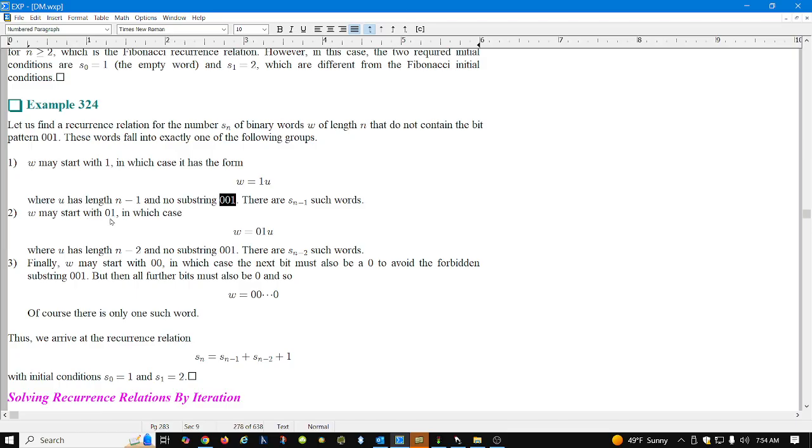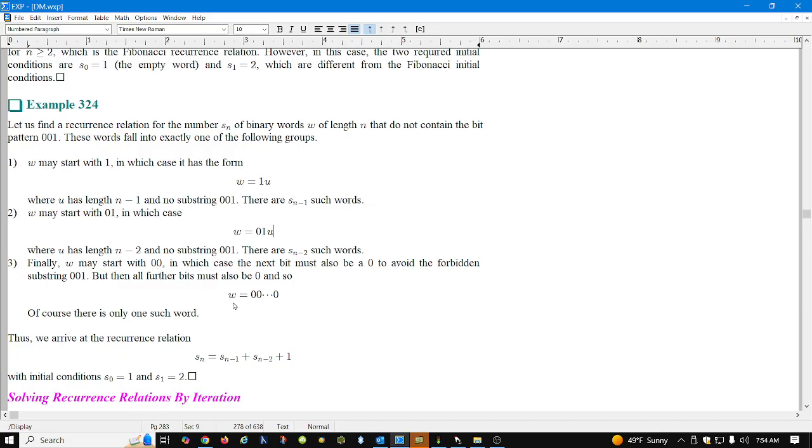W may start with 0, 1, in which case it looks like this. U has length n minus 2, and again, no forbidden pattern. So there are Sn minus 2 of those. And finally, W may start with 0, 0, in which case the next bit has to be a 0, and then the bit after that has to be a 0.